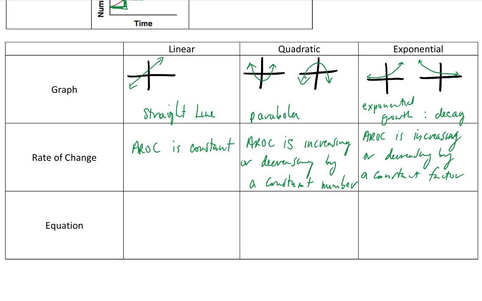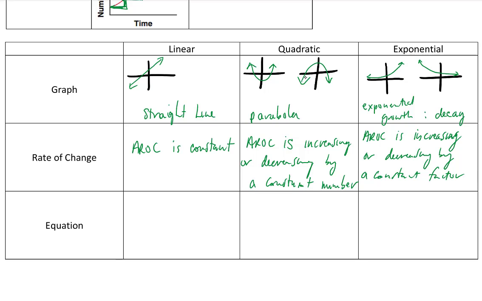So what's the difference between quadratic and exponential? When we say increasing or decreasing by a constant number, that means you're adding the same number to the average rate of change, whereas for exponential, you're multiplying by the same number to get your average rate of change.